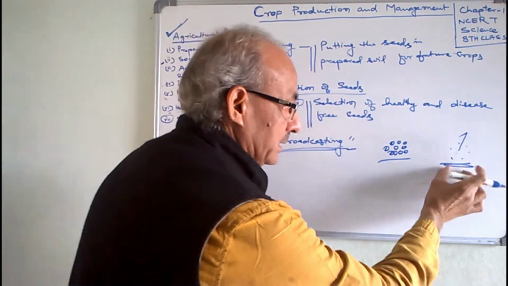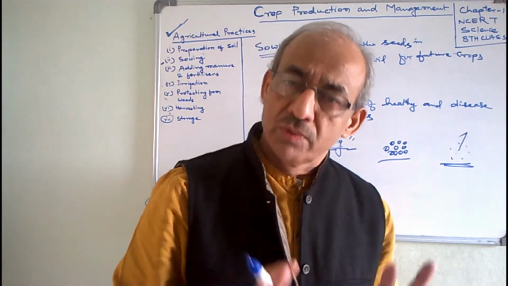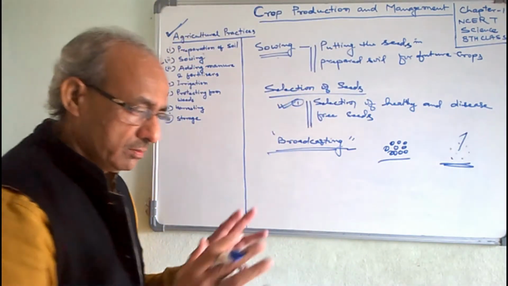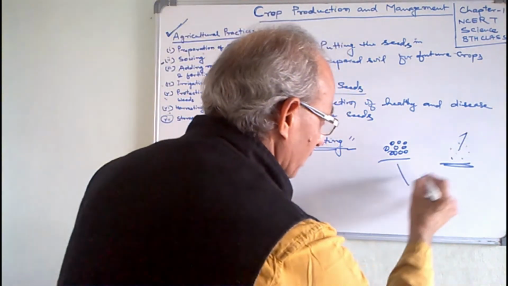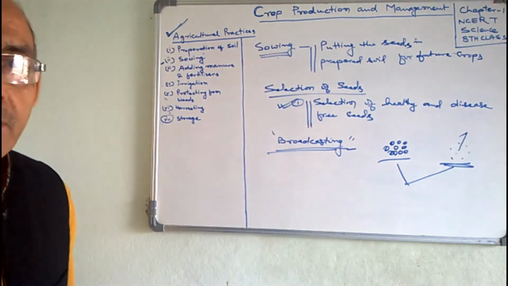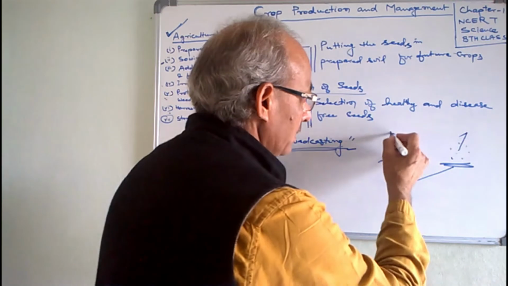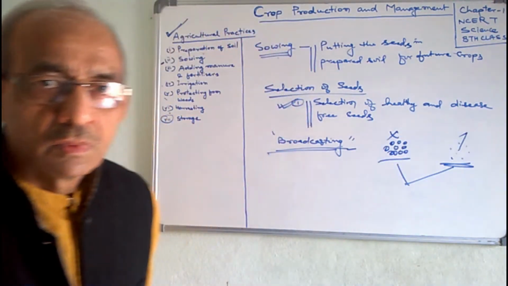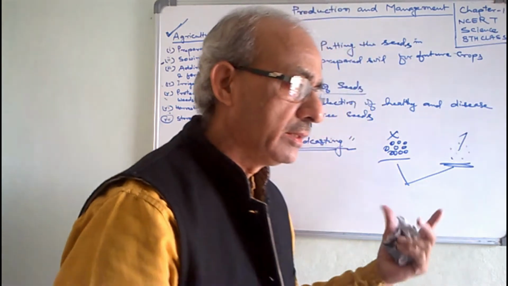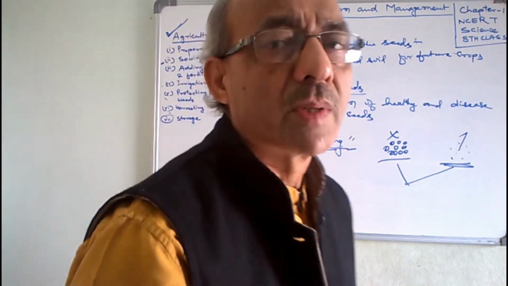And in this case, there is wastage of space, wastage of field space. So in both cases, there is loss. Here, the plants grow overcrowded and cannot get proper growth.